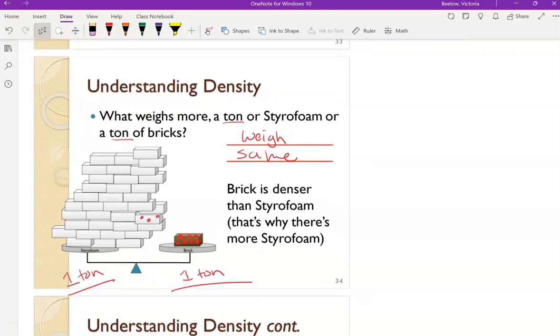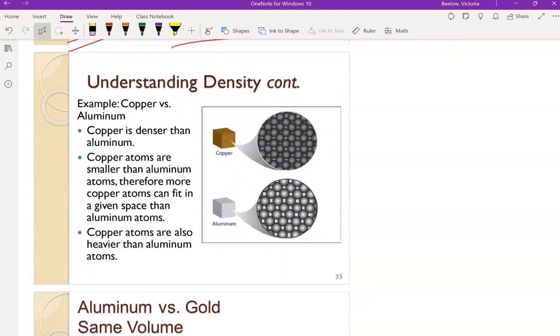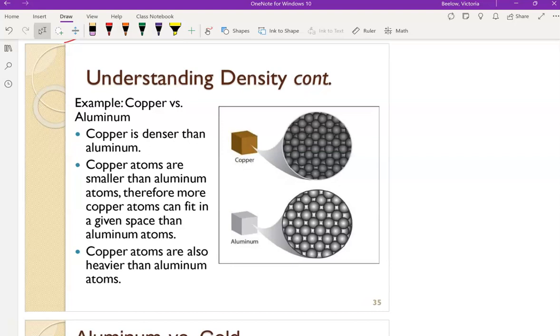Another way to visualize the same idea is if we're comparing two different substances, but let's compare two metals to each other. So copper is more dense than aluminum, okay? So copper is denser than aluminum.